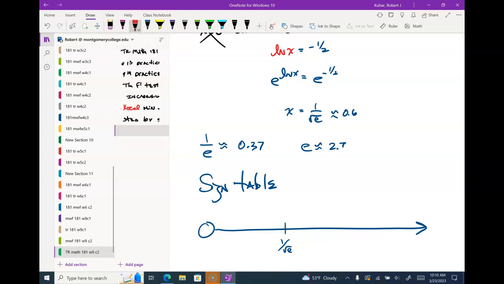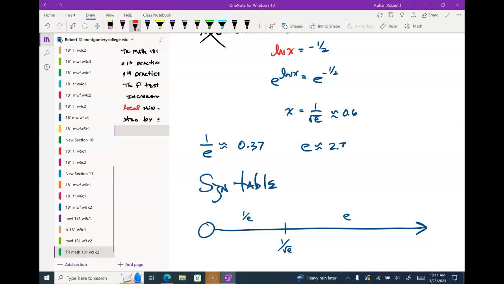So I'm going to test 1 over e and e. When I'm testing trigs, I want to use some kind of pi's. When I'm testing algebraic, I want to use some kind of easy real numbers. When I'm using an ln, I want to use powers of e, because it's easy to evaluate. Yes, you with me?